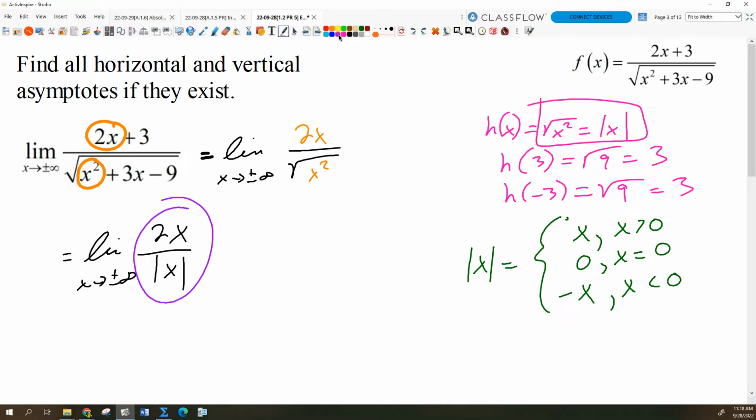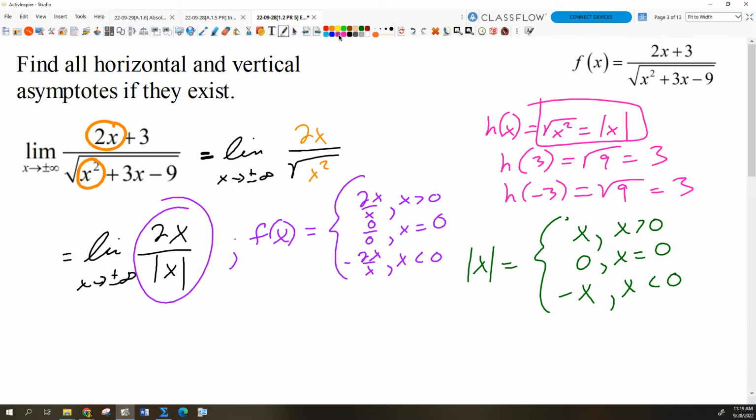We're going to define that as f of x. Okay, does that make sense?